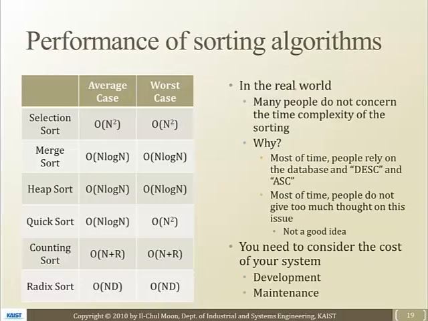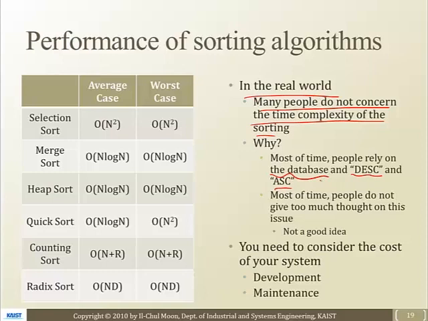So the performance of the sorting algorithms varies. Really, there is a various range of performance. In real-world actual coding, many people do not concern themselves with the time complexity of sorting so much. People actually rely on the database for descending order, ascending order queries.